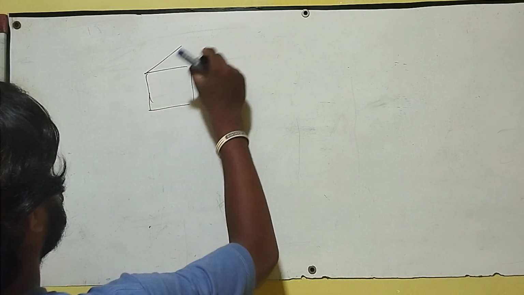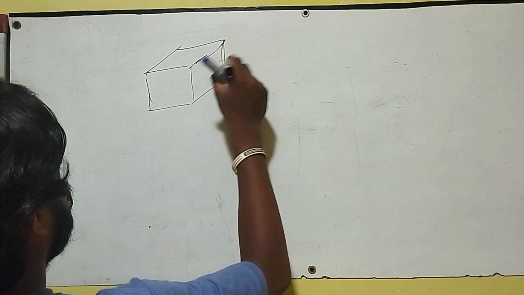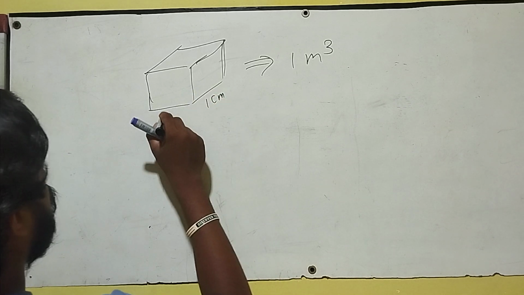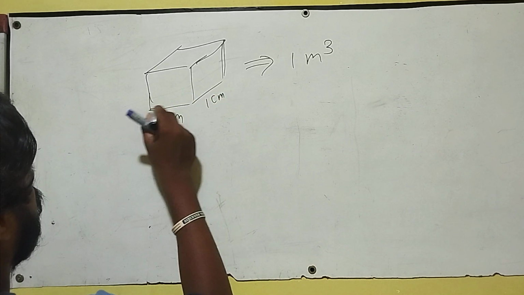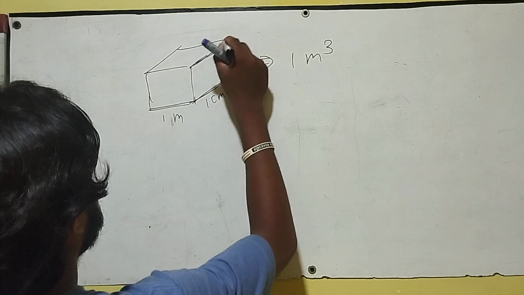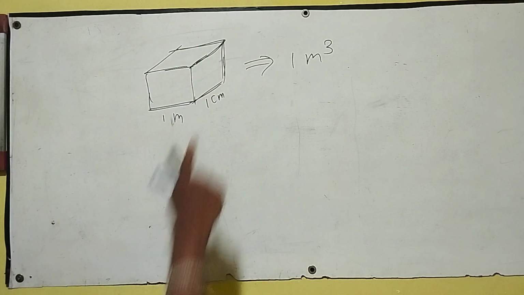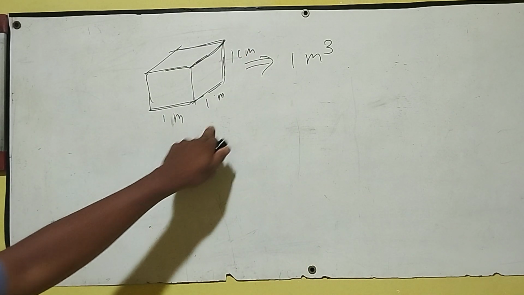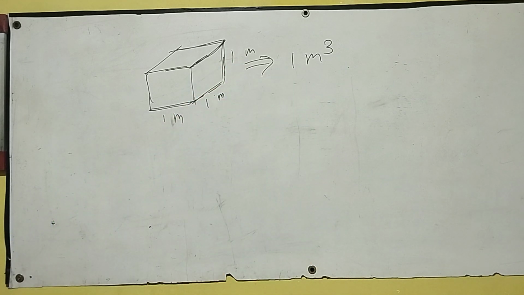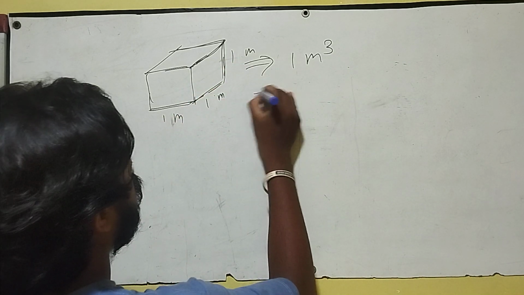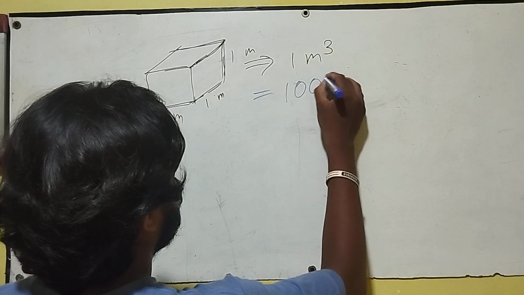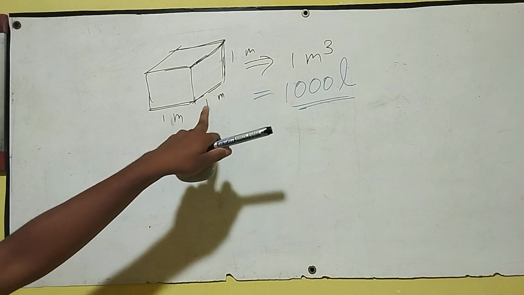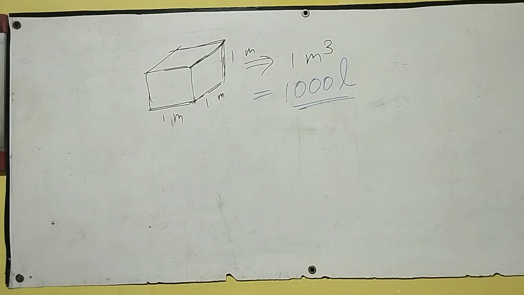We have a 1 cubic meter tank. As well as we know the volume of this cube, or volume of this tank, is 1000 liter.